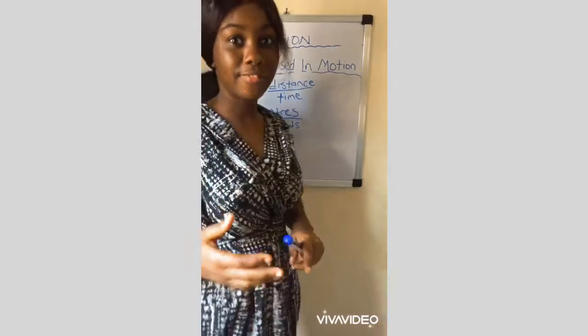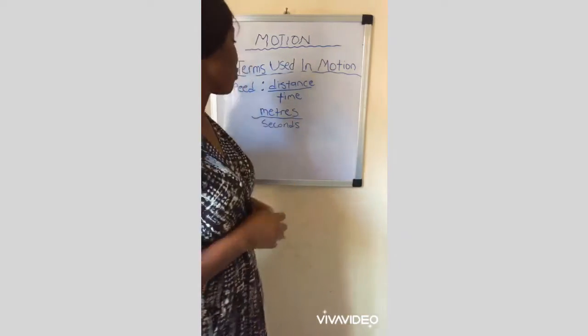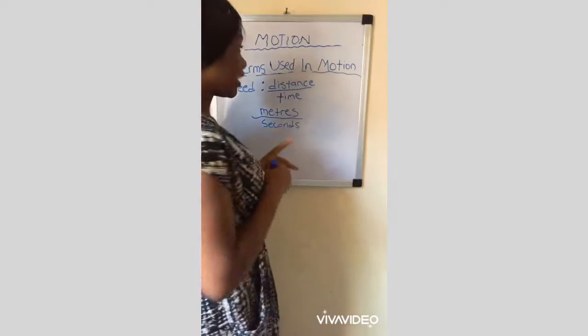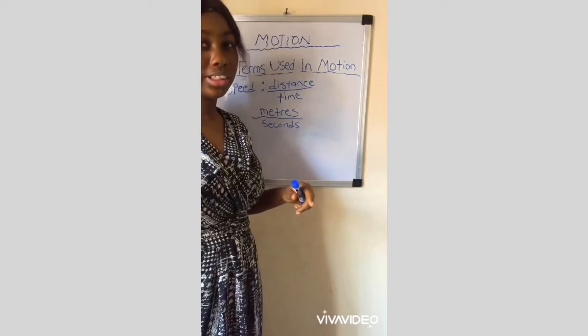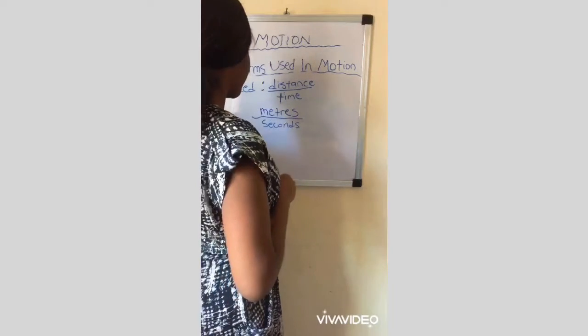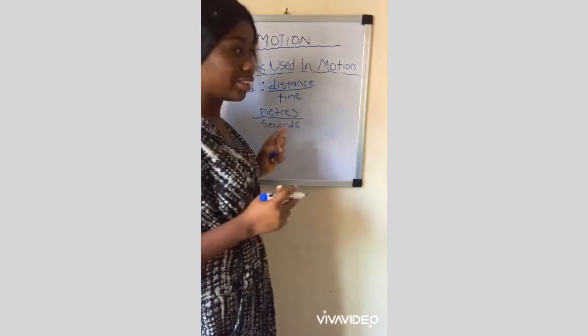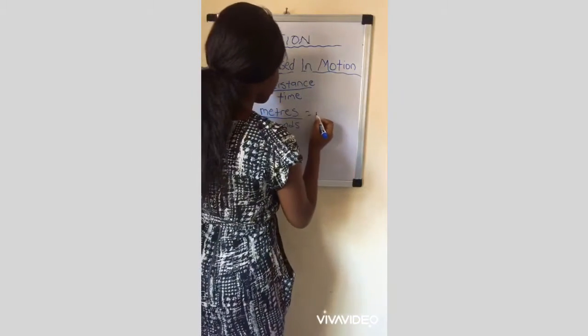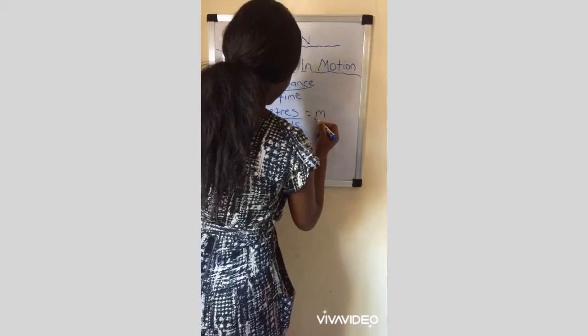We are trying to derive the SI unit for speed now. So this is actually different from before. Meters is denoted with m, and seconds is denoted with s.